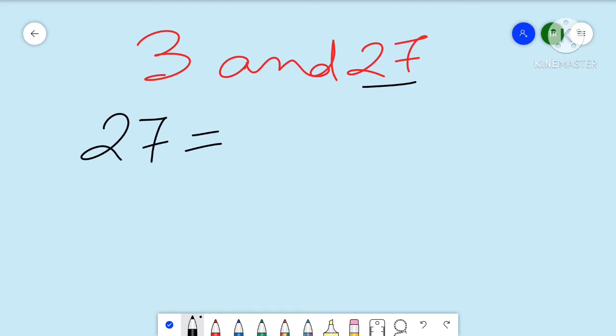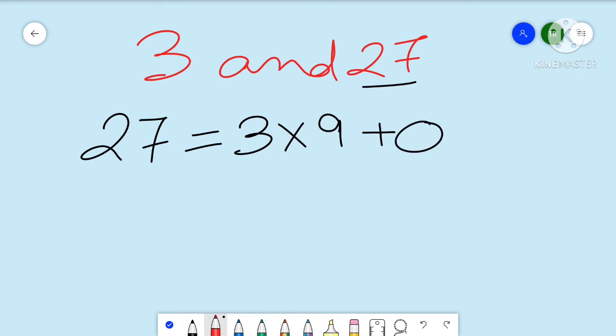So we know that 27 is equal to 3 into 9 plus 0, since 3 into 9 is 27. So what is the remainder? The remainder is 0. Here 27 is the dividend, 3 is the divisor, 9 is the quotient, and the remainder is 0.